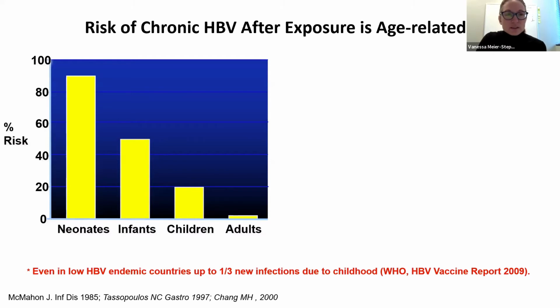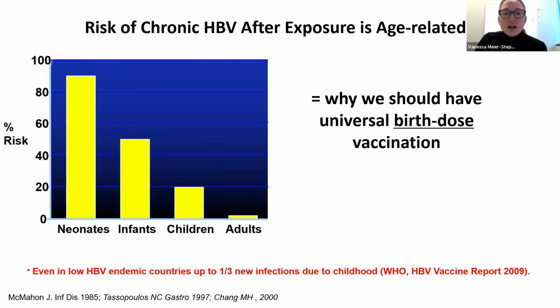Contrast this to adults, where you have less than a 5% chance of developing a chronic infection, even without a vaccine. These facts in and of themselves are evidence enough why we should be introducing universal birth dose vaccinations. This is actually a recommendation of the World Health Organization.